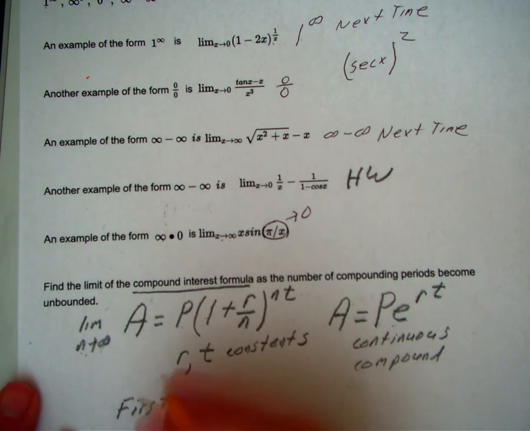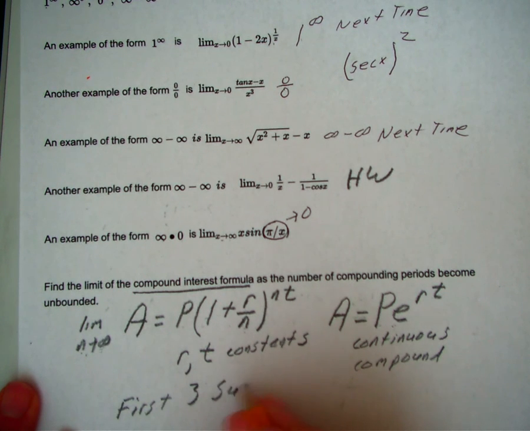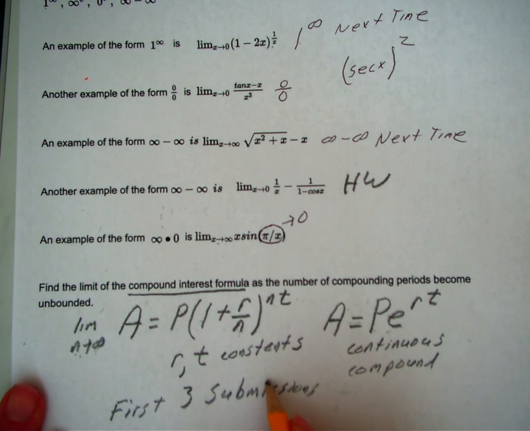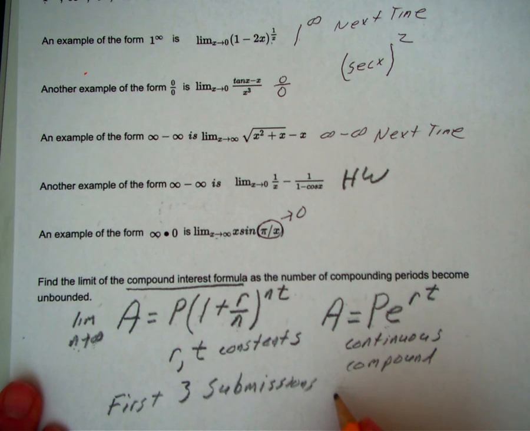All right. So I'll take the first three submissions. So sorry if you're number 4, but that's just the way it's got to be done. And I can't think of a fairer way to do this, folks, unfortunately. Okay, first 3 submissions, and I will give you a +6 on your lowest.